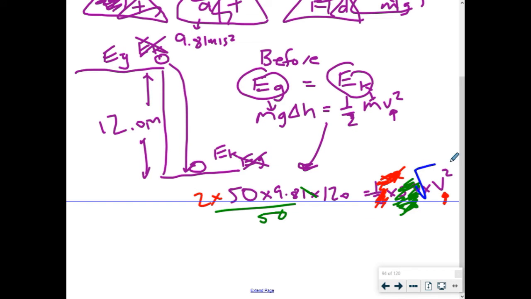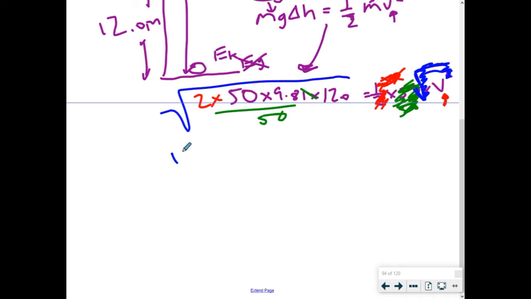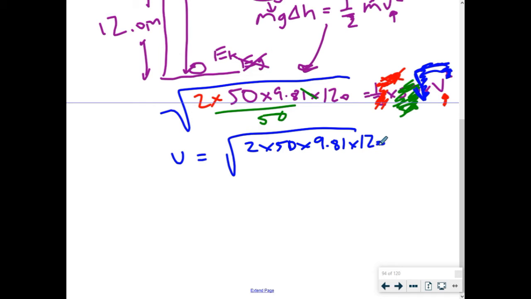So if I were to square root this side of the equation and square root the entirety of that side, v is equal to the square root of 2 times 50 times 9.81 times 12.0, all divided by 50 again.